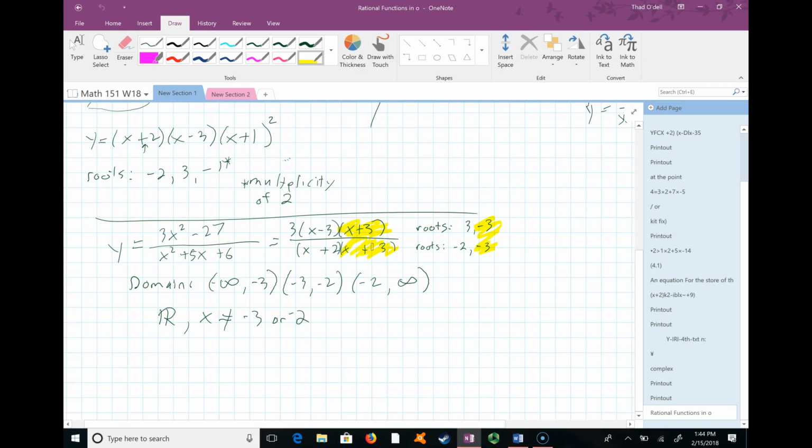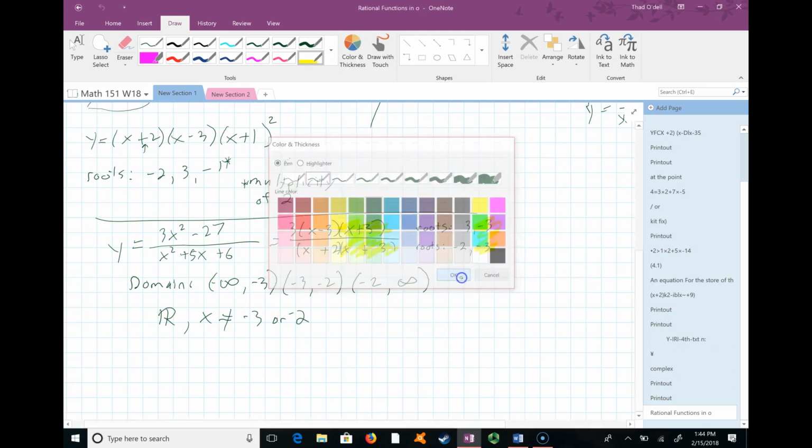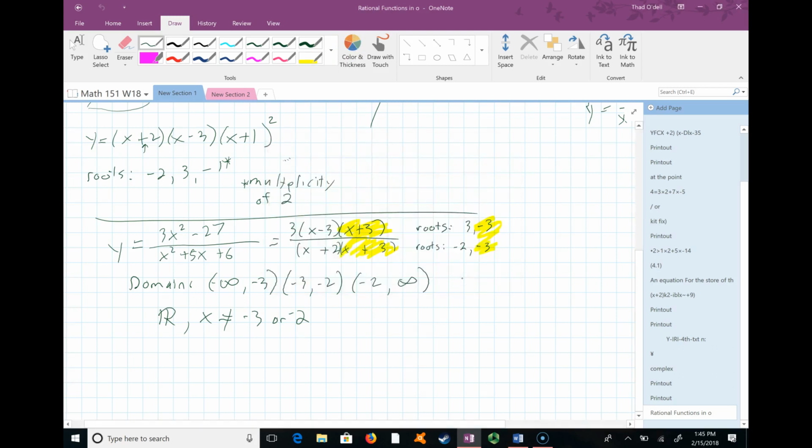So essentially, what I'm trying to point out here is that this function, this guy that we're working with, and this function are exactly the same everywhere except at x equals -3.